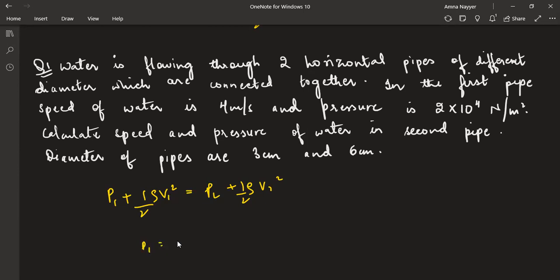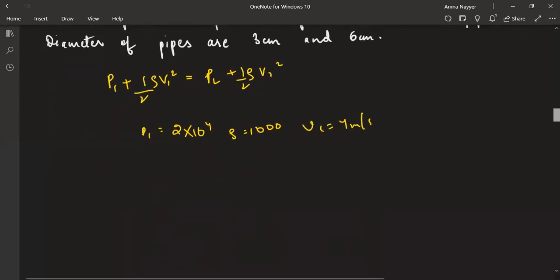P1 is 2 into 10 to the power 4, density is 1000, V1 is 4 meter per second. But the main problem is that for calculation of P2, we need V2 as well. Otherwise, how will you solve the equation?